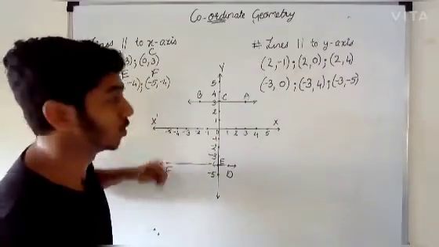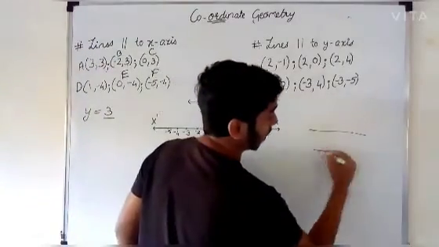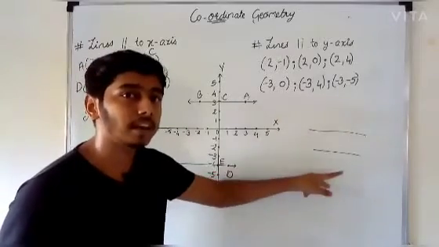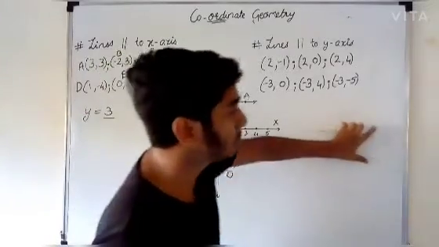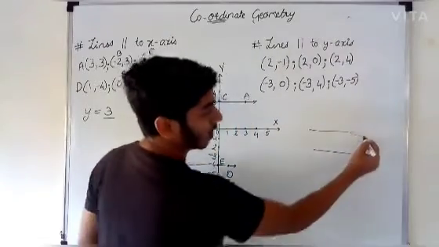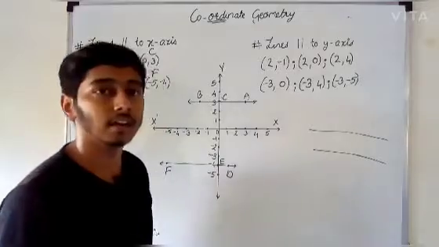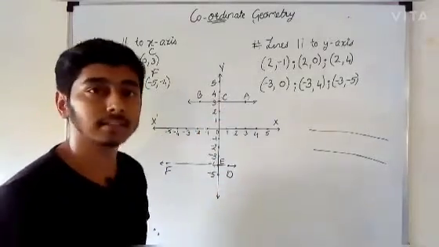If you see, you know what is the meaning of parallel lines? If two lines are on the same plane, and they are not meeting anywhere if you extend them, then they are called parallel lines.